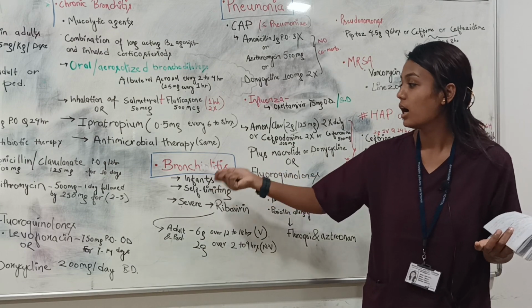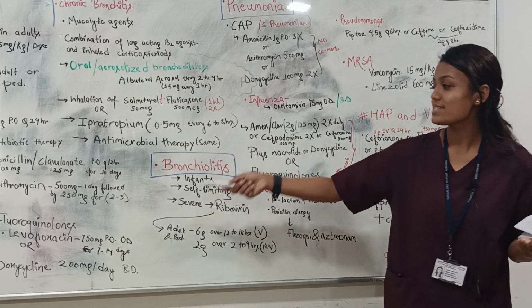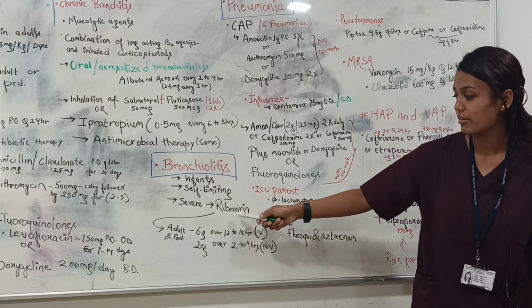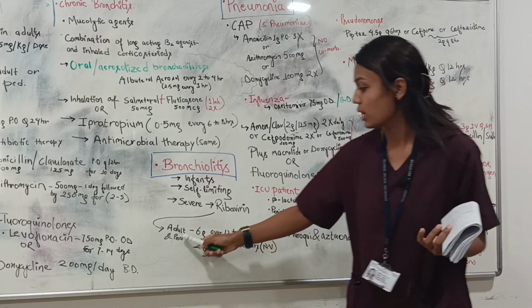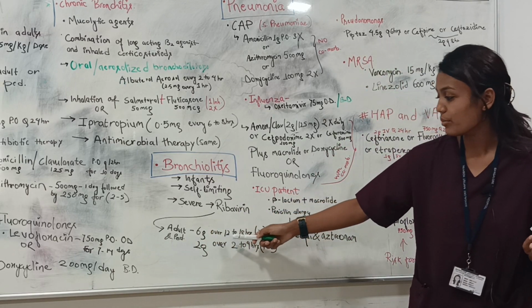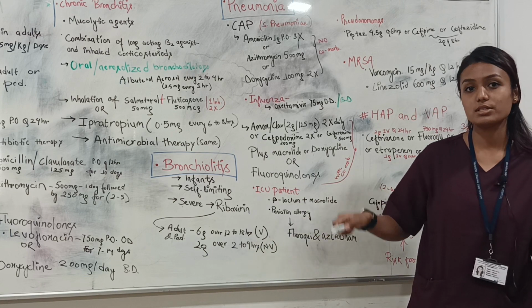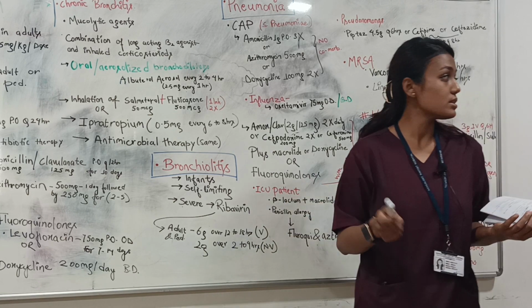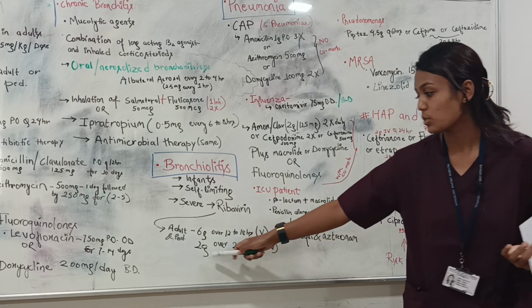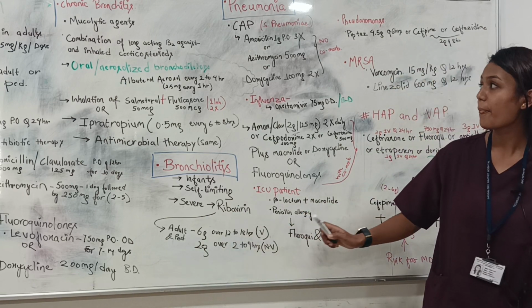But if the disease is severe, then we can use ribavirin, in which the adult dose is 6 gram over 12 to 18 hours if the patient is ventilated. If the patient is non-ventilated, then we can use a lower dose, 2 gram over 2 to 4 hours.